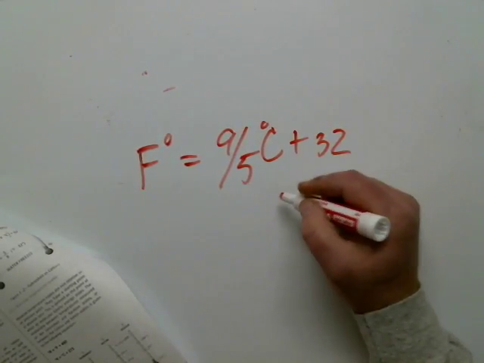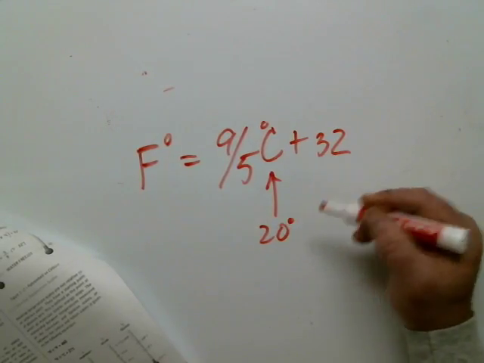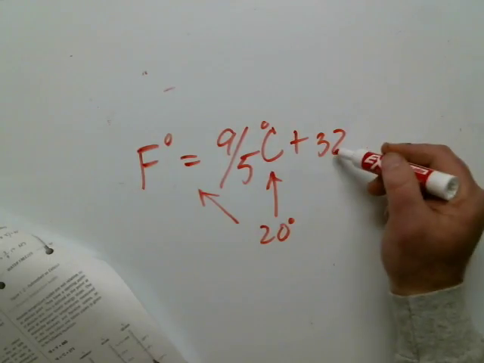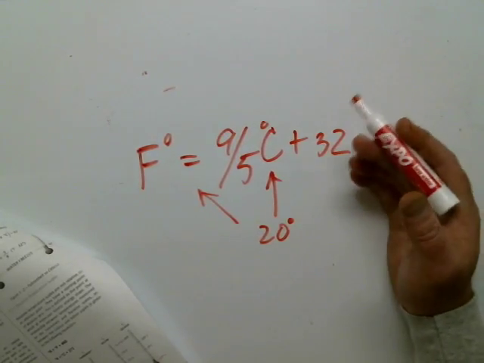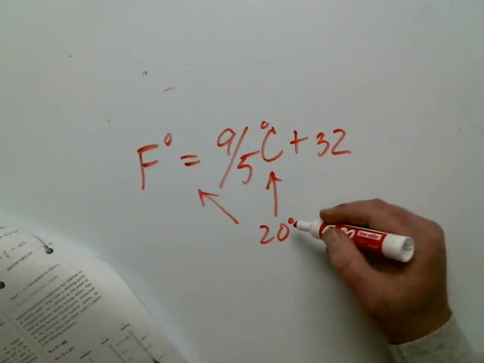So when you're driving by the bank and it says it's 20 degrees Celsius, if you want to know what that is in terms of Fahrenheit, you need to multiply it times 9/5 and add 32. I typically just double it and add 30. So I know it would be about 72 degrees.